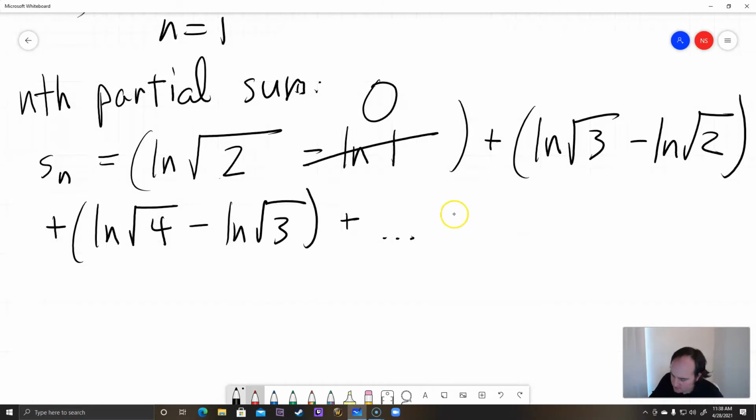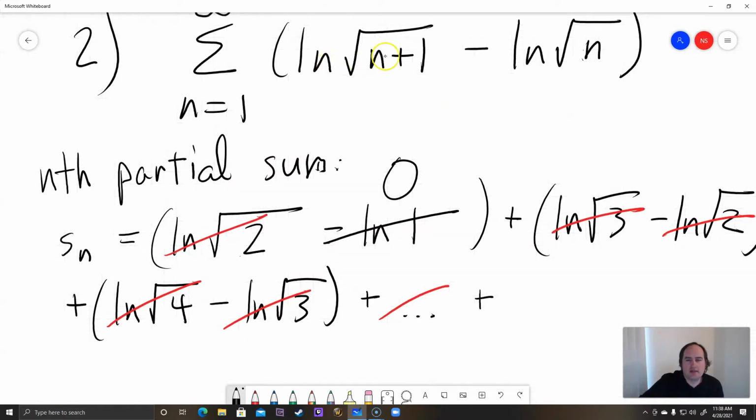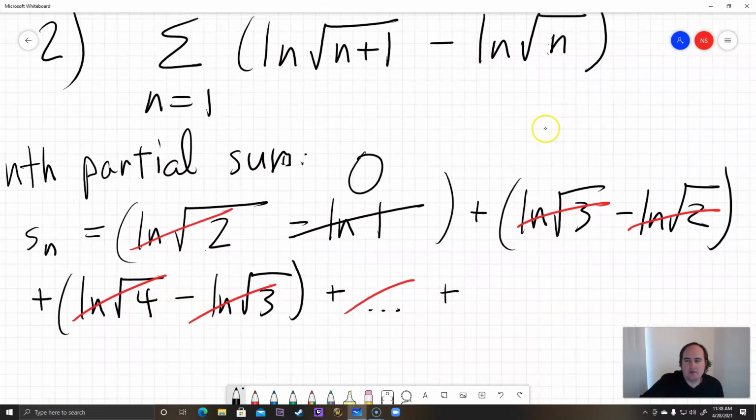So what's canceling out? The ln of root 2's cancel out, the ln of root 3's cancel out, and if you wrote out more terms, the ln of root 4's are going to cancel out, the ln of root 5's, and so forth. And then when we get towards the end, to the nth partial sum, to the nth term, our formula was ln of root n plus 1 minus ln of root n.